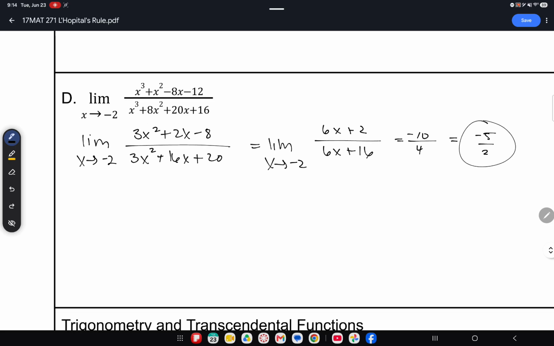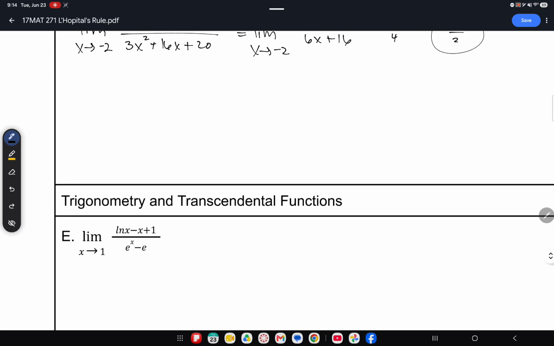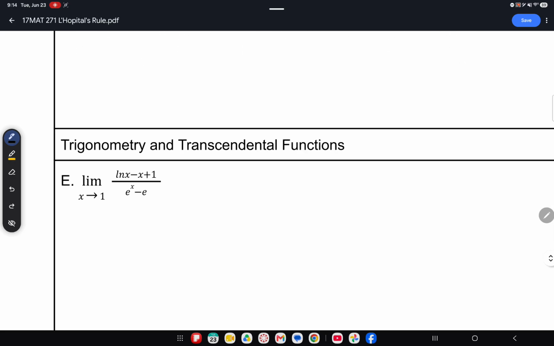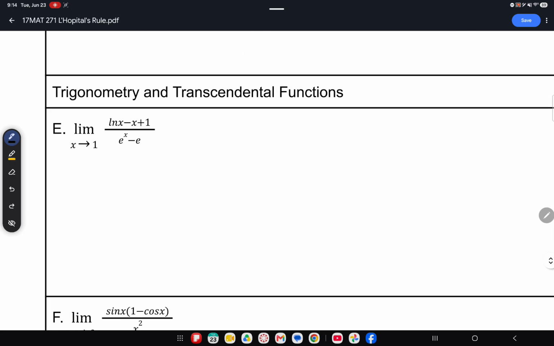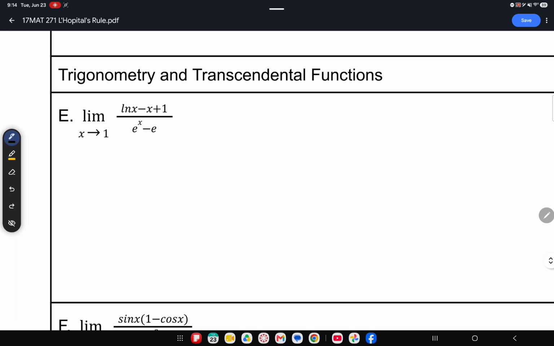All right. Ooh, let's do some trig and some log functions. All right, if I plug in 1, it's going to give me a denominator of 0. So let's try some derivatives here. So I would get 1 over x minus 1, and then e to the x, because e is just a constant.